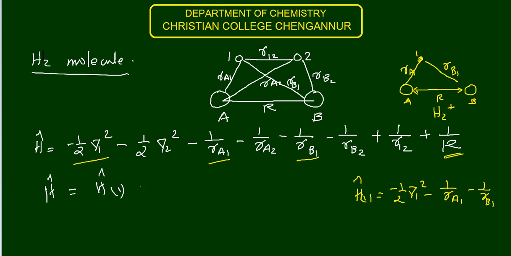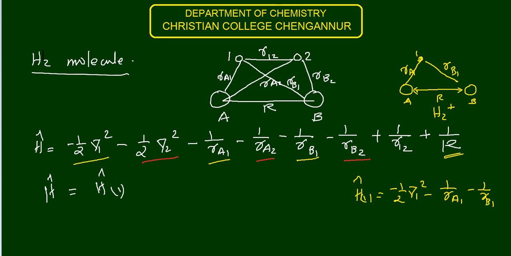Okay, and then we take the other terms. Let me take the red lines to indicate those terms: minus half del 2 square, then minus 1 by RA2 and minus 1 by RB2. These three terms together constitute another H2 plus with the electron 2, right?